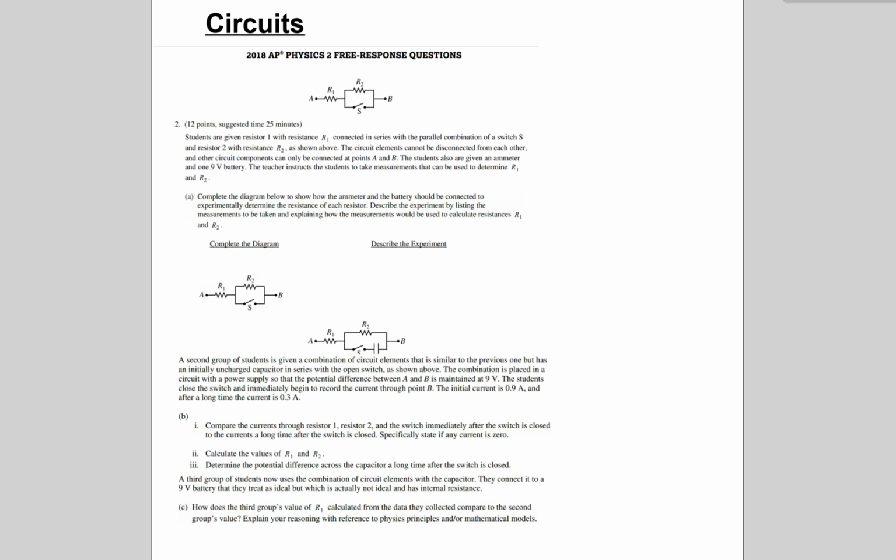So we have a battery with an internal resistance. I should have drawn that the other way. This internal resistance R is going to behave just like R1. So this R is in series with R1.